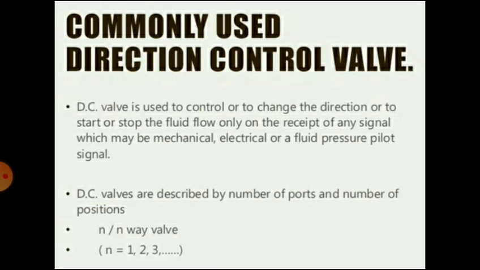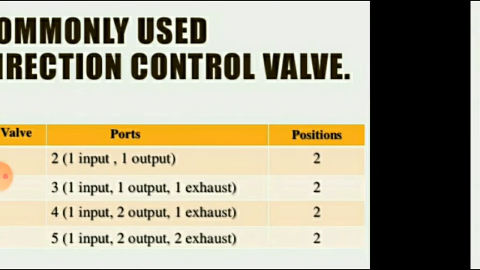Now commonly used direction control valves. A DC valve is used to control or change the direction, or to start or stop the fluid flow only on the receipt of a signal, which may be mechanical, electrical, or fluid pressure pilot signal. So DC valves are described by number of ports and number of positions.